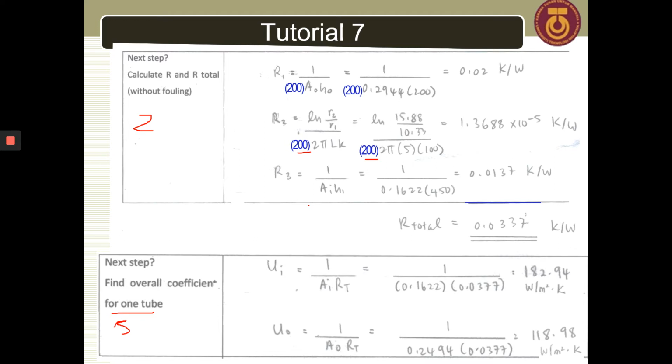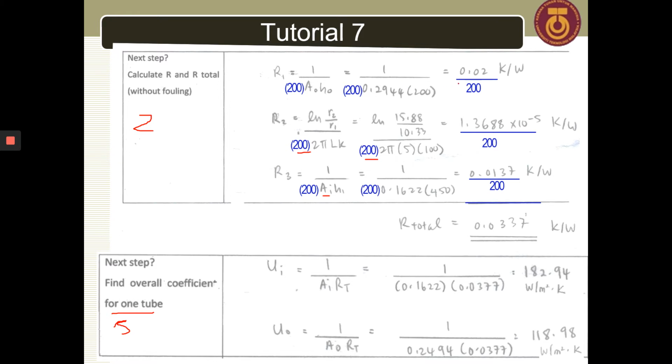Same for resistance 3. This is area for one tube, so you want to consider area for 200 tubes. Therefore here you also must consider area for 200 tubes. By doing so, the answer you had before, you just divide it, because it is under the dividing line here.